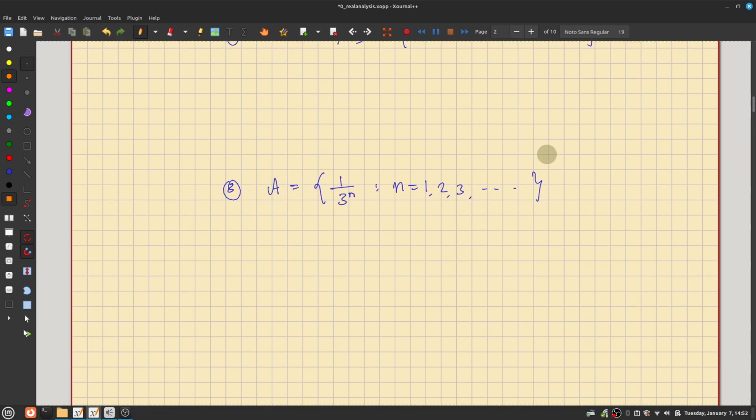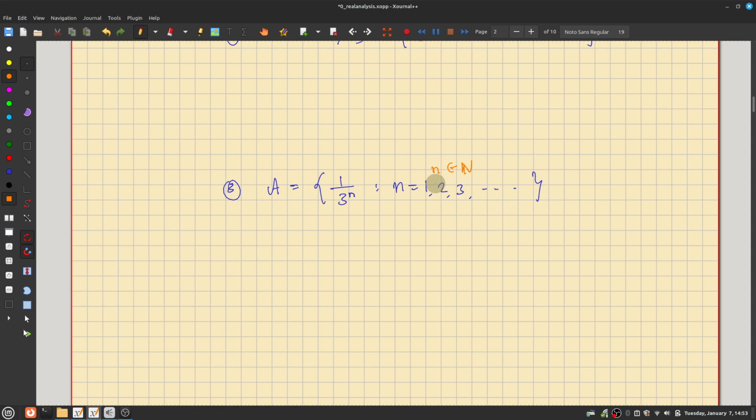Now let's take the following set. It is the set of all rational numbers which can be written as 1 by 3 to the power n, where n can take the values 1, 2, 3, and so on, where n is a natural number.